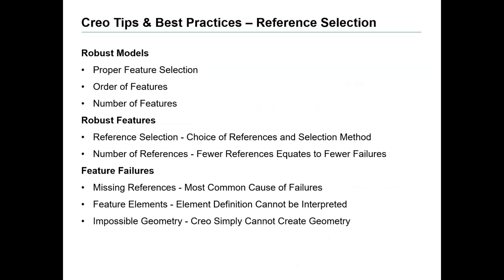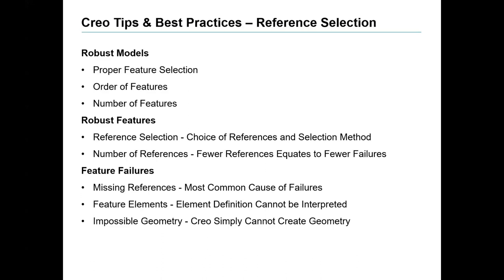When we make robust models, we have to think about feature selection first, right? What feature are we going to use to create the model? There's probably several features, but each of those features, we need to select the right feature for that different part of the model. The order of features when we're creating models is important because some features are more prone to failure than others, specifically rounds and so on.